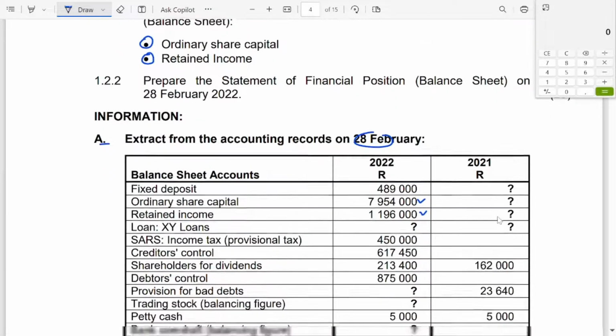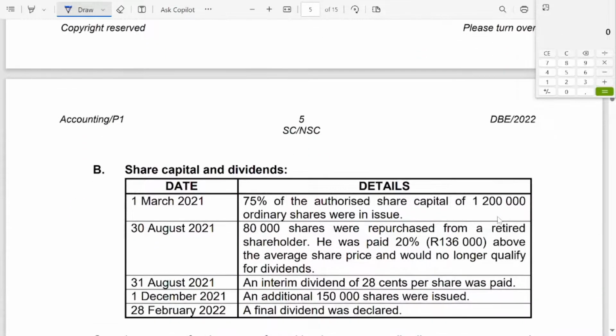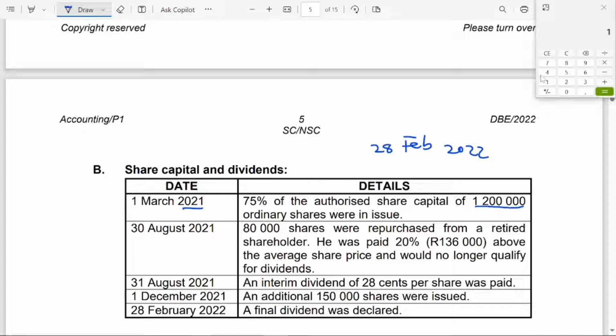So let's go to the transactions. On the 1st of March 2021, the beginning of the financial year, because the year ends on 28 February 2022, 75% of the authorized shares, 1,200,000, were in issue. So 75% of the shares were in issue. How much is that?